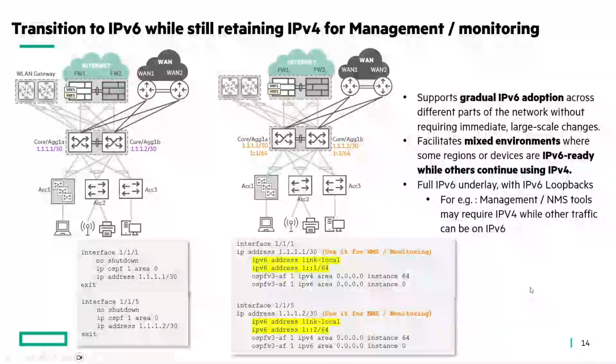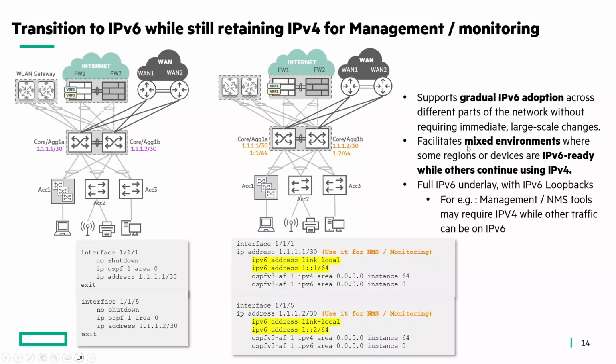So let's move on to the next use case, that is transitioning to IPv6 while still retaining IPv4 for management or monitoring purposes. So this supports gradual IPv6 adoption across different parts of the network without requiring any immediate or large-scale changes.